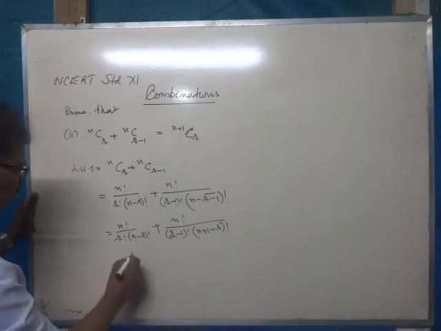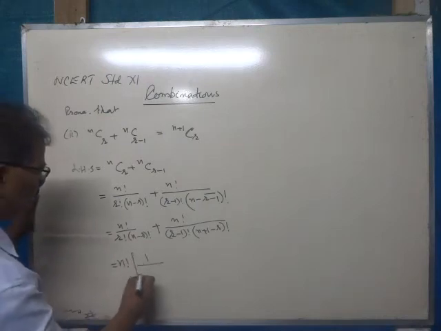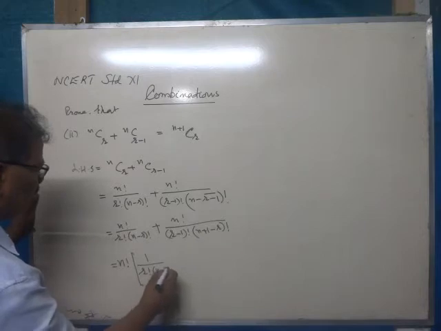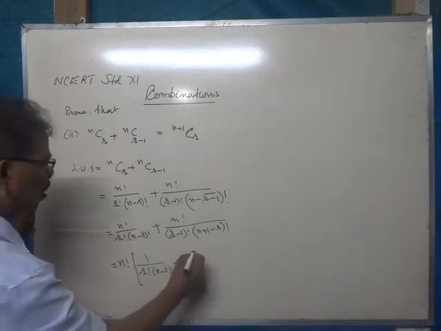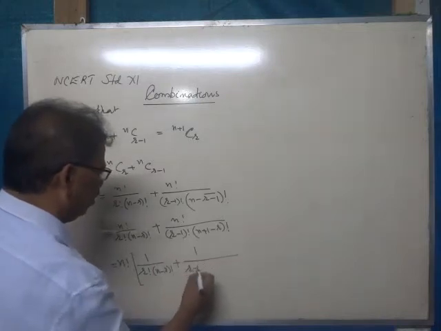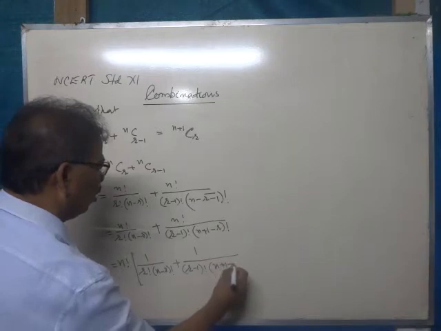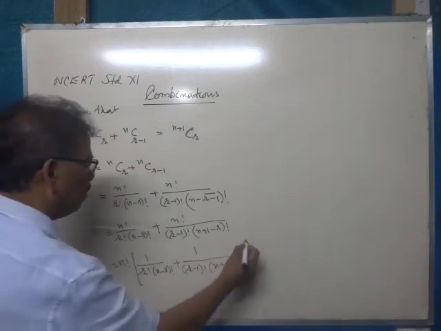That can be put outside into 1 by r factorial into (n minus r) factorial, plus 1 by (r minus 1) factorial into (n plus 1 minus r) factorial.